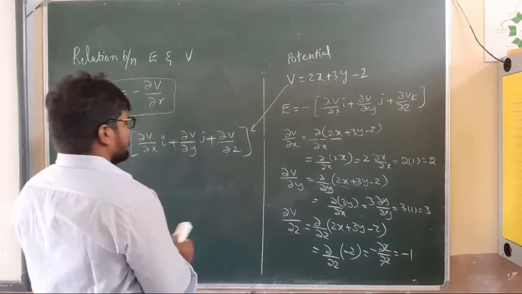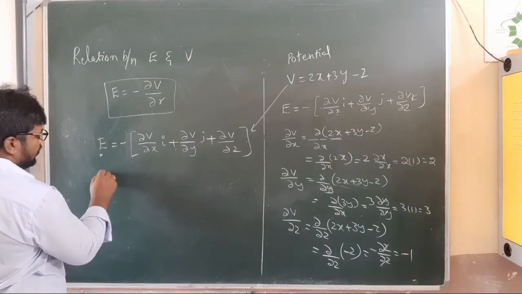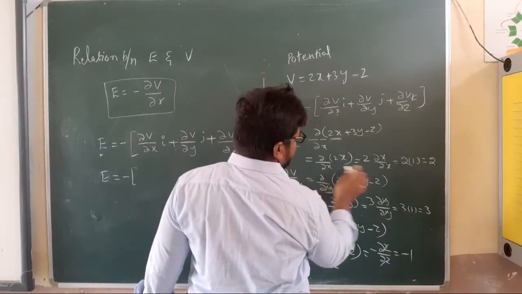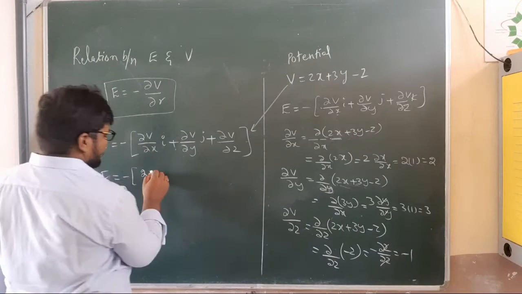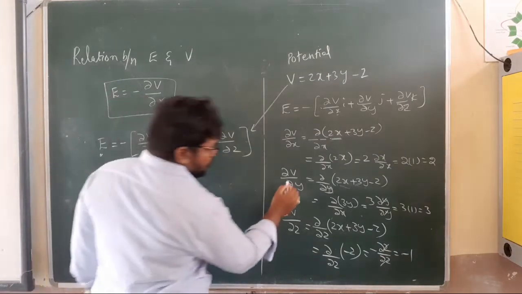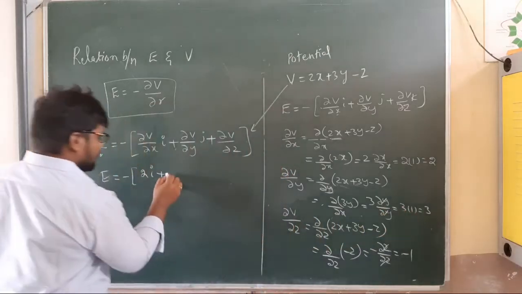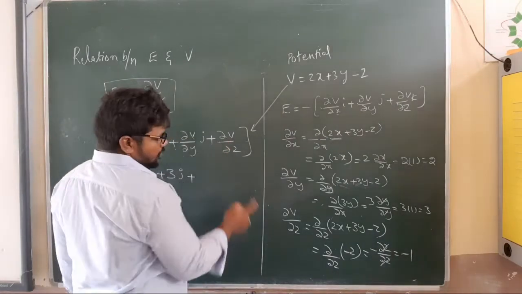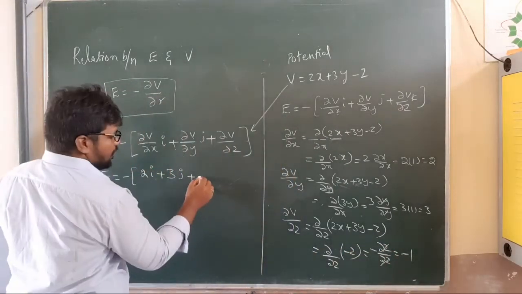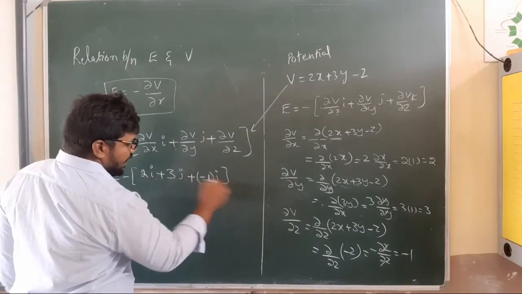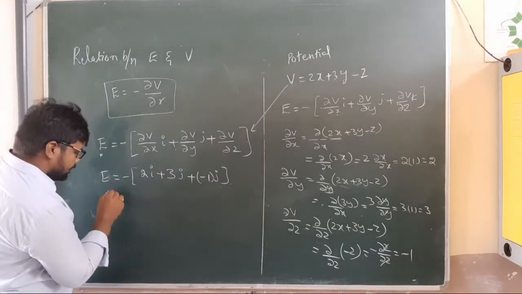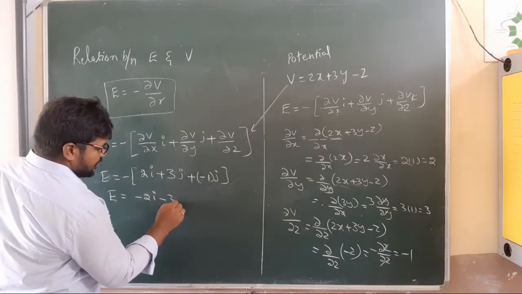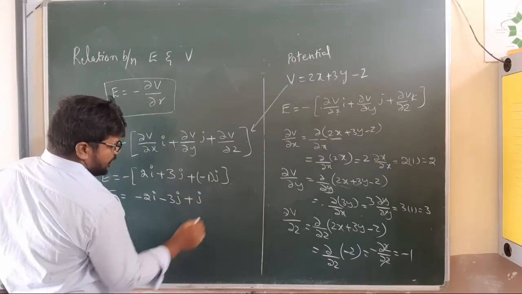Clear, my dear children? So we substitute here. E is equal to minus of dou V by dou x, which is 2, i cap, plus dou V by dou y, which is 3, j cap, plus dou V by dou z, which is minus 1, k cap. Expanding the minus, E is equal to minus 2i minus 3j plus k.